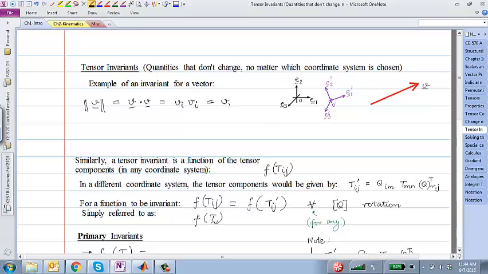Let me ask you this. Can I write this as vi square? Why or why not? That's right. So we cannot write this in indicial notation as vi square, because when we do that, we are removing one of the i's. And since i is repeated here, there is an associated summation, i over 1 to 3. That's why we get v1 square plus v2 square plus v3 square here.